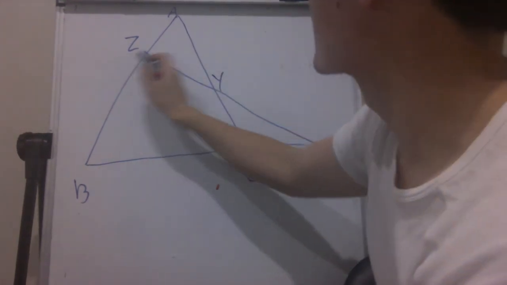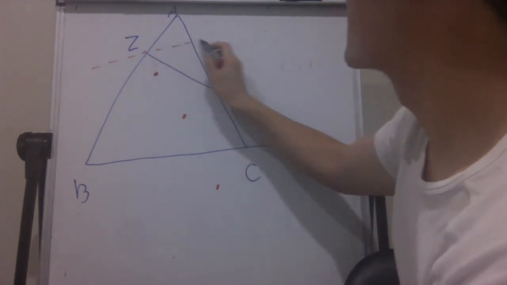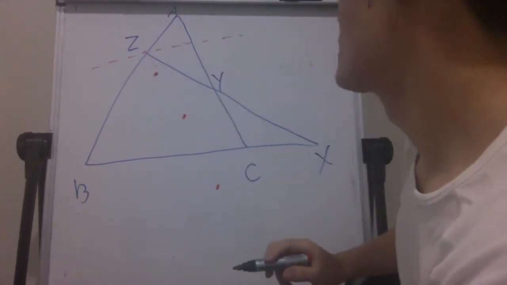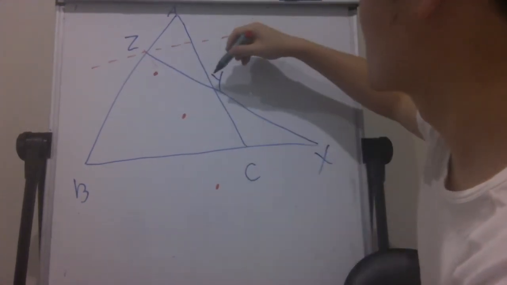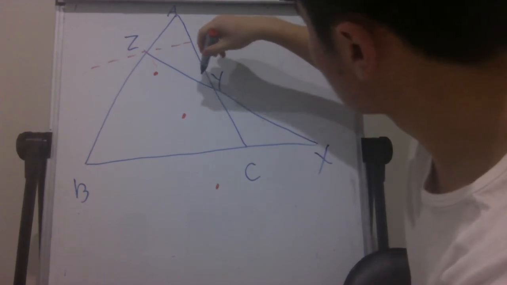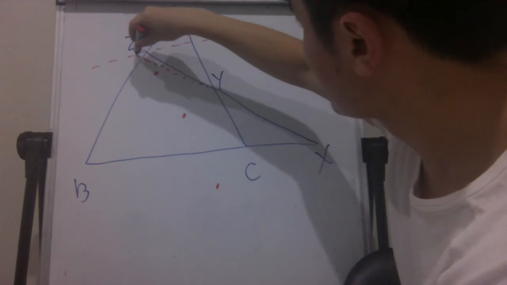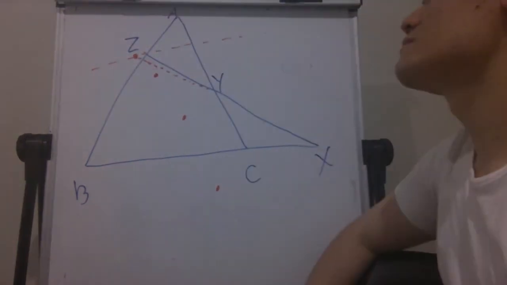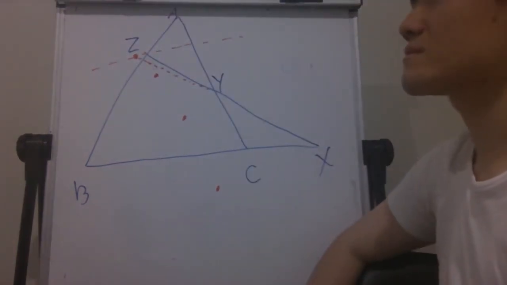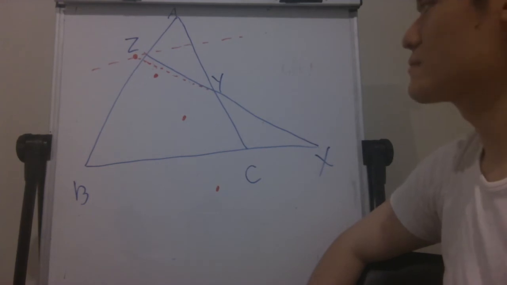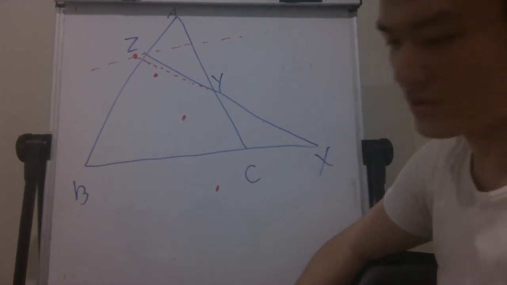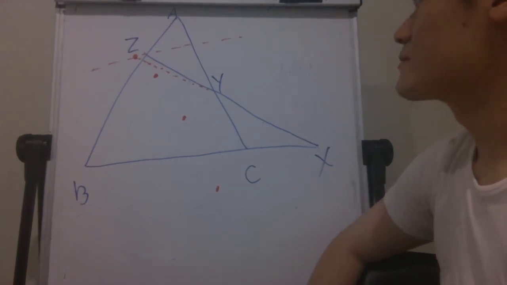Right, let me draw it more carefully. That's one altitude, and B to AC. You're telling me they lie on a line. Seems legit.